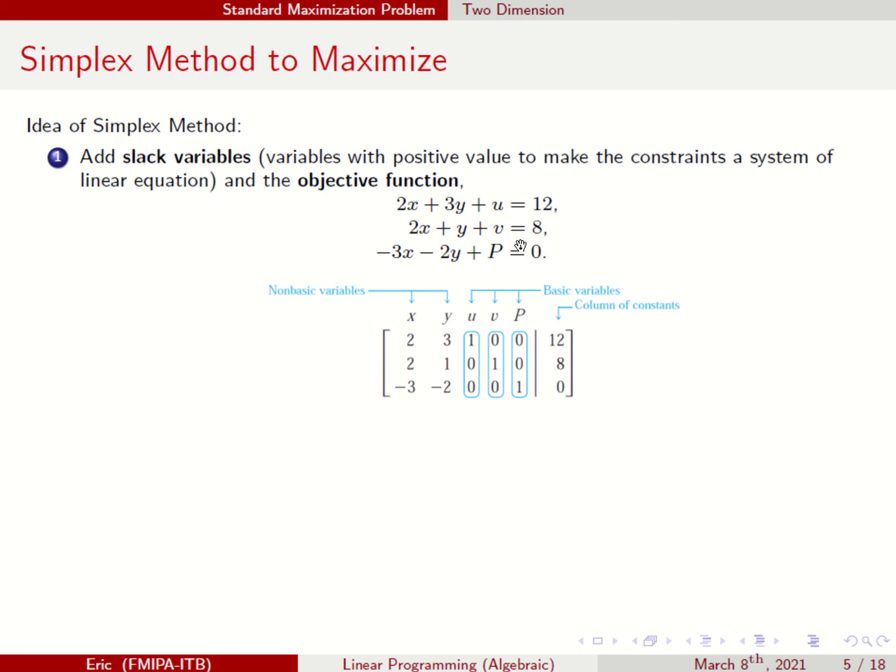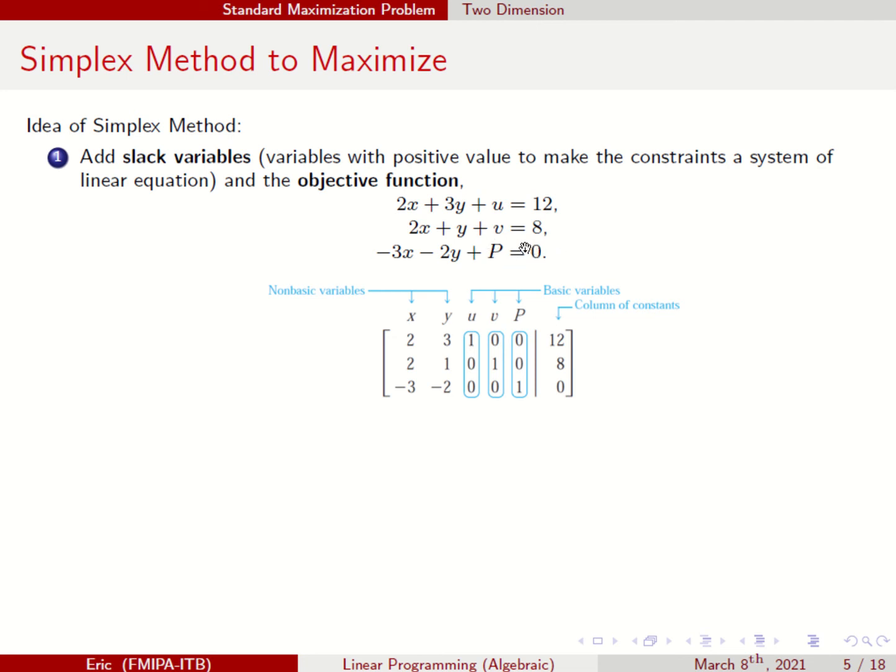So first of all, we add slack variables. The constraints become equalities, and you add the objective function, the profit to be maximized, but all of your terms should be on the left-hand side.